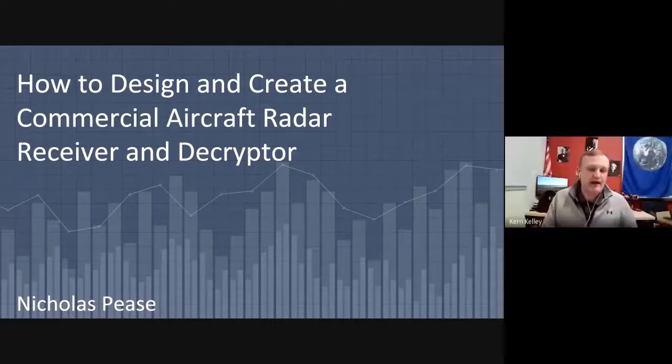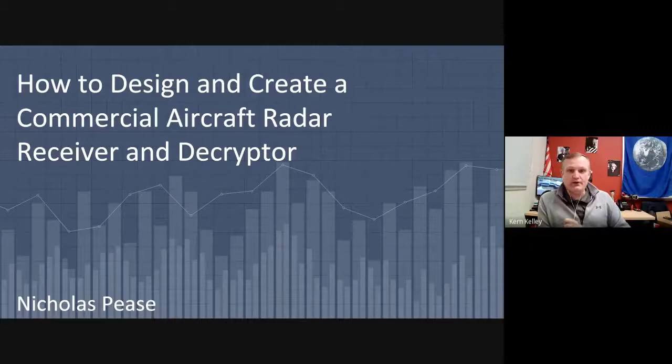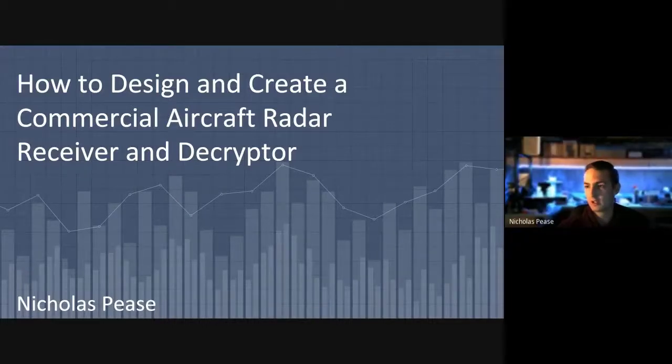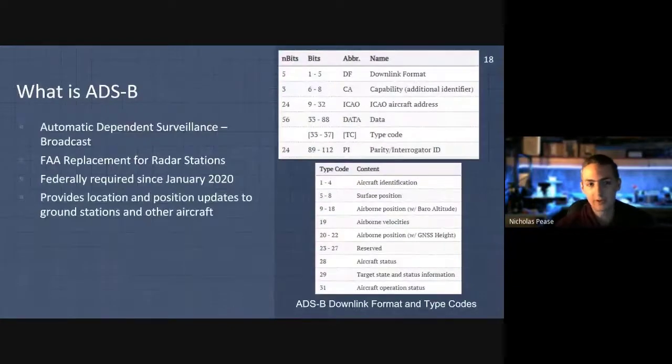All right, so I want to pause you right there, Nick. I need you to explain to me and the audience here how to design and create a commercial aircraft radar receiver and decryptor. What are we talking about? Yeah, so basically, the whole device runs on this concept called ADS-B, which is in every commercial aircraft there is now.